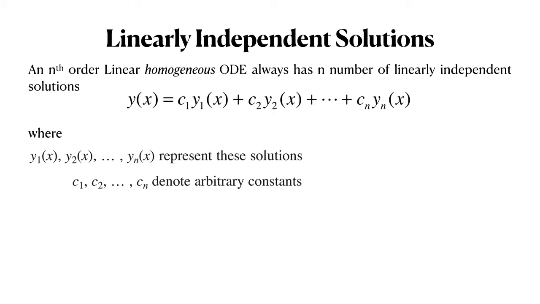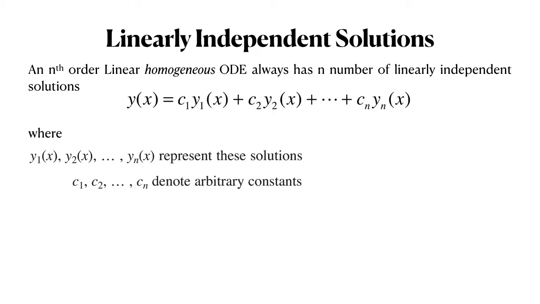And of course, c1y1 of x plus c2y2 of x plus c3y3 of x, all three added, is also a solution to our third-order differential equation. If it is fourth order, then we have four sets of linearly independent solutions, and so on and so forth.